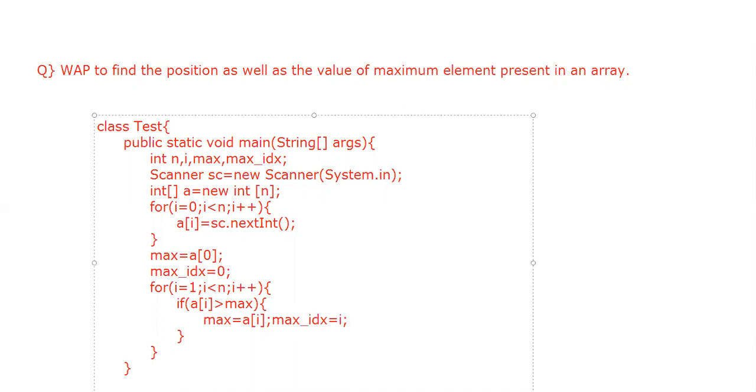I believe till this point everything is clear, and then System.out.println, and just print the two things, that is max and again System.out.println, and then you have to print max idx.